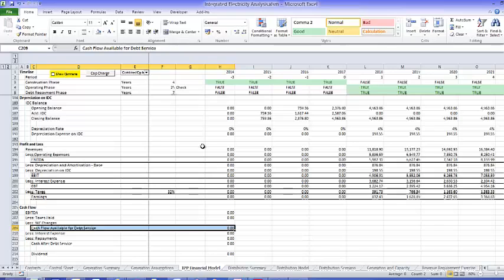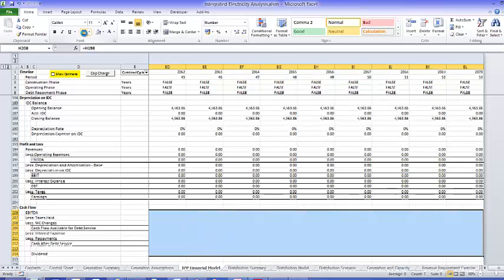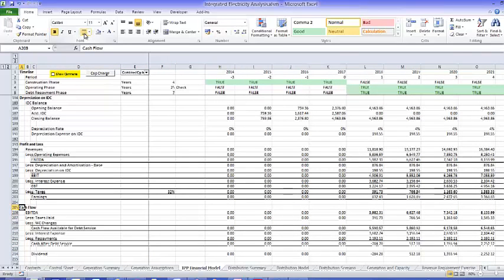Okay, let's put a subtotal here and a subtotal here. And let's copy this across. Now this is really the cash flow statement, or we could call this the cash flow waterfall after construction.